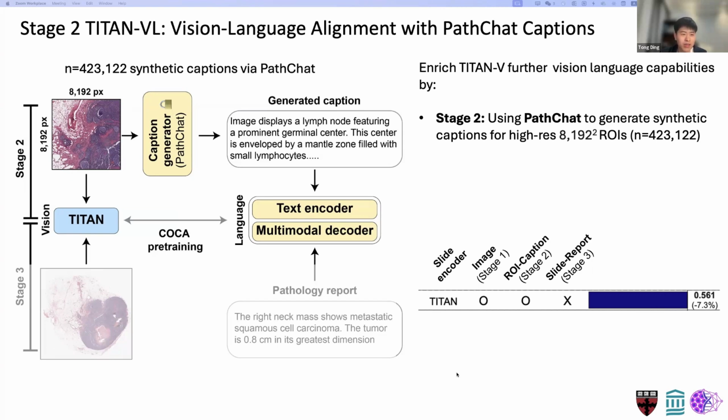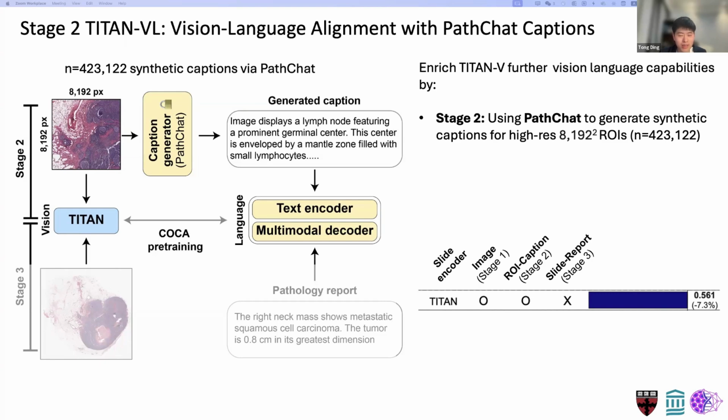As long as we have the slides, we can generate as many of these captions as we want, and generating captions at this 8K by 8K level gives us more samples at training. So it also enables larger dataset training in contrastive learning, because encoding these smaller images during training is more computationally affordable.